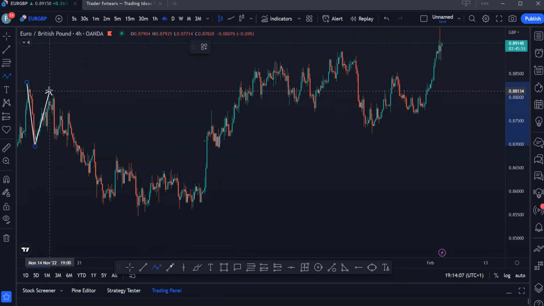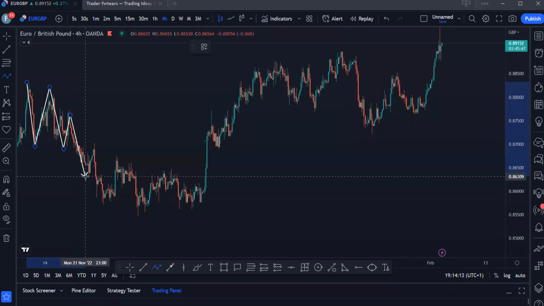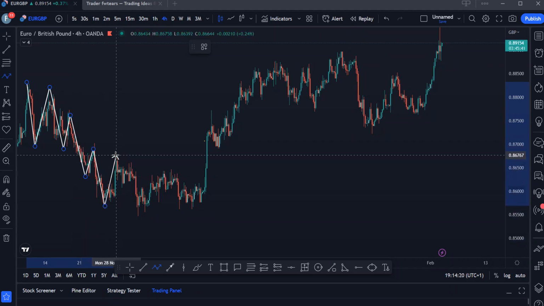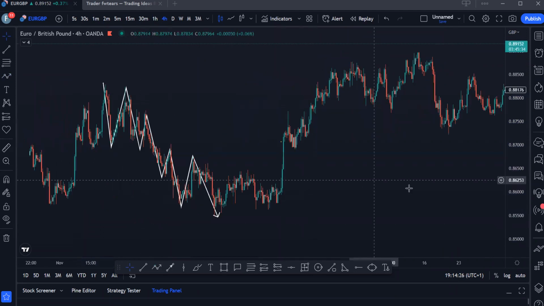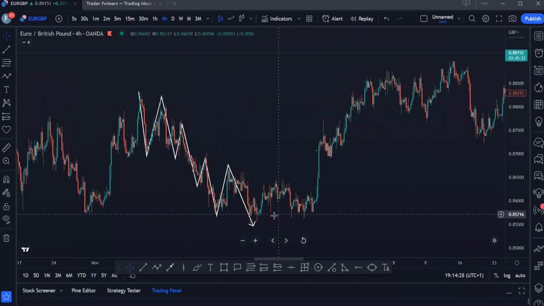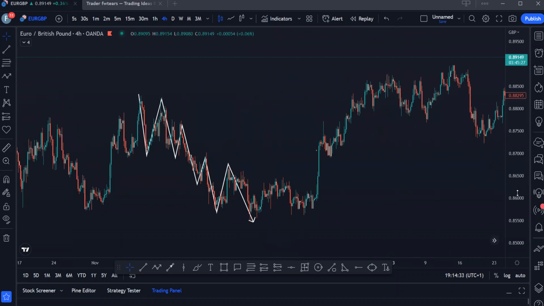You can see it, right? Impulse, correction, impulse, correction, impulse, correction, impulse. All right, so we've identified a downtrend. So price moves from downtrend to uptrend, from uptrend to downtrend.